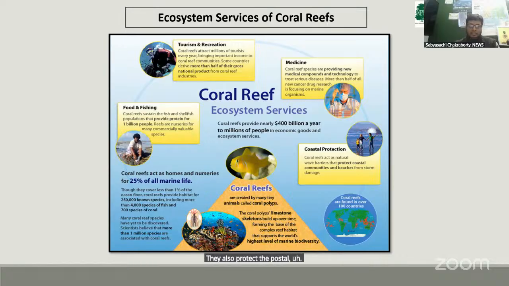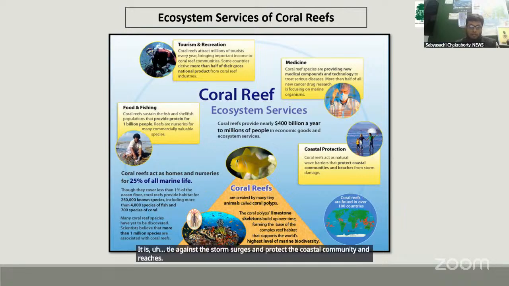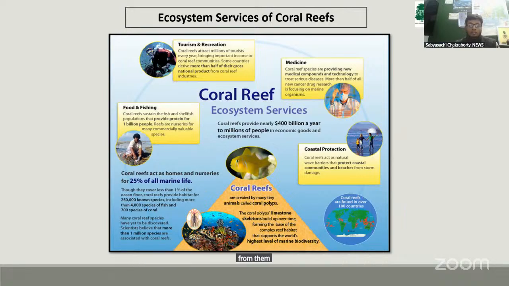They act as natural barriers against storm surges, and protect the coastal community and beaches from them. Coral reefs are created by many tiny animals called the coral polyps. The coral polyps' limestone skeletons build over time, forming the base of the complex reef habitat.